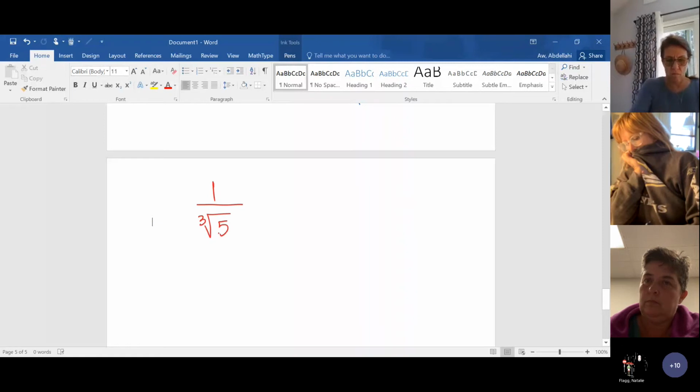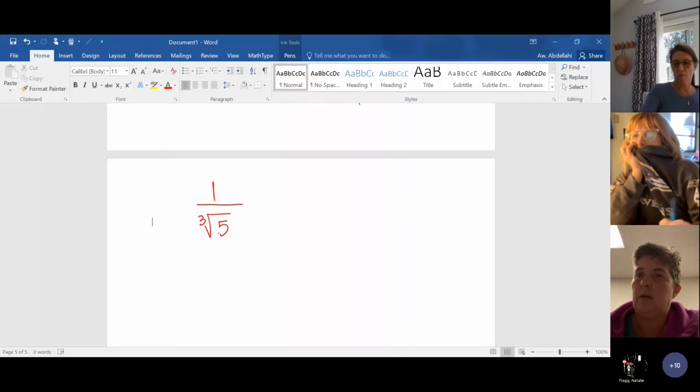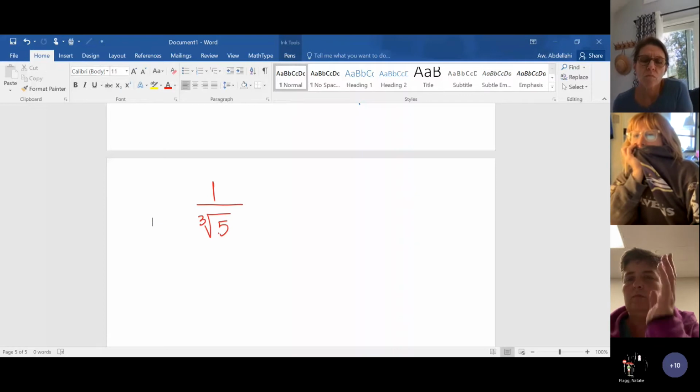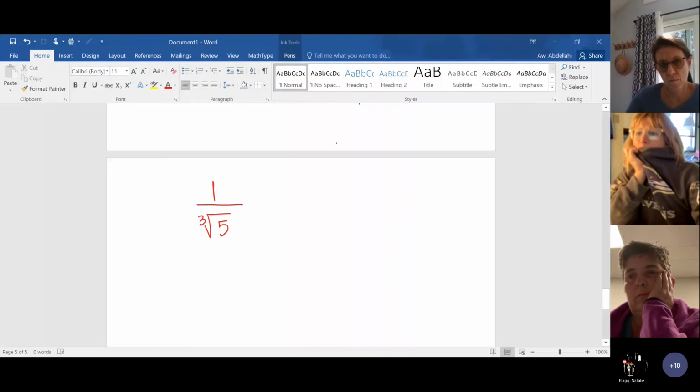If you want the cube root to go away, how many cube roots should you have? How many? 3. Is it only 2? For the cube root to cancel out, how many cube roots do we have to have? 3.